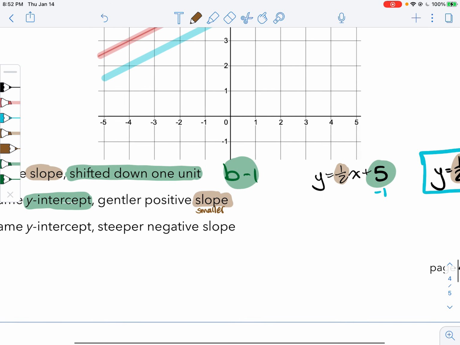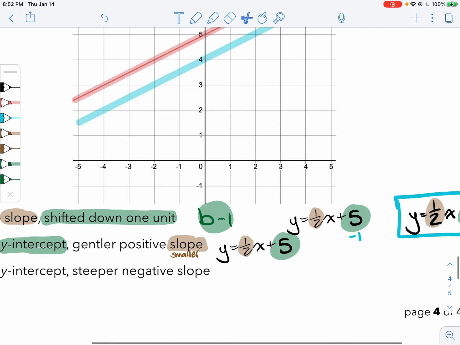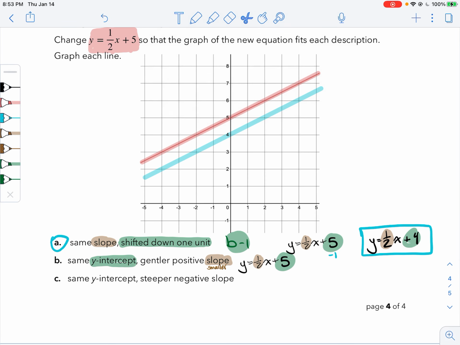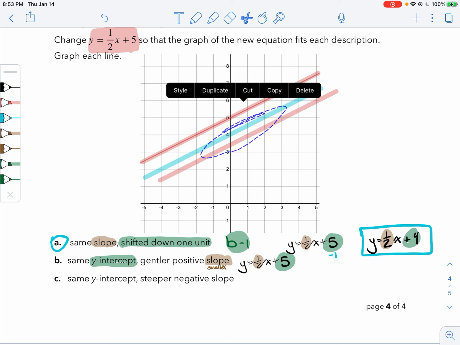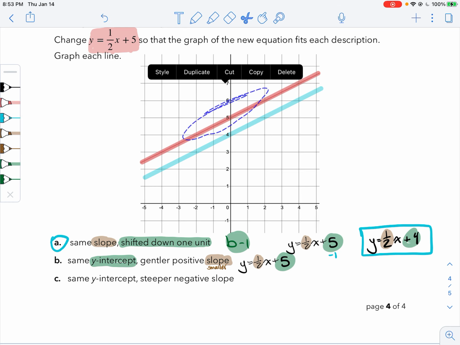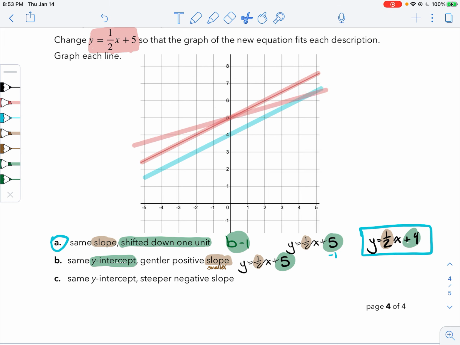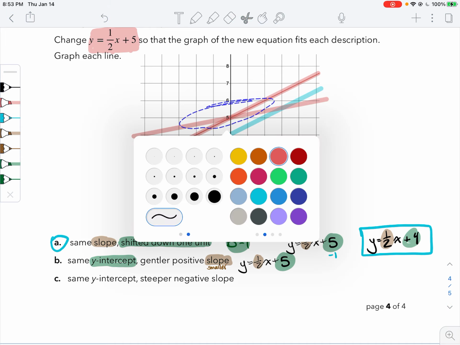Needs to decrease. Let's take our original equation again, y equals 1/2 x plus 5. And as a visual, we're going to take our original line and we want it to go just not as steep. It needs to be more like that. So let's make it purple. Why not?